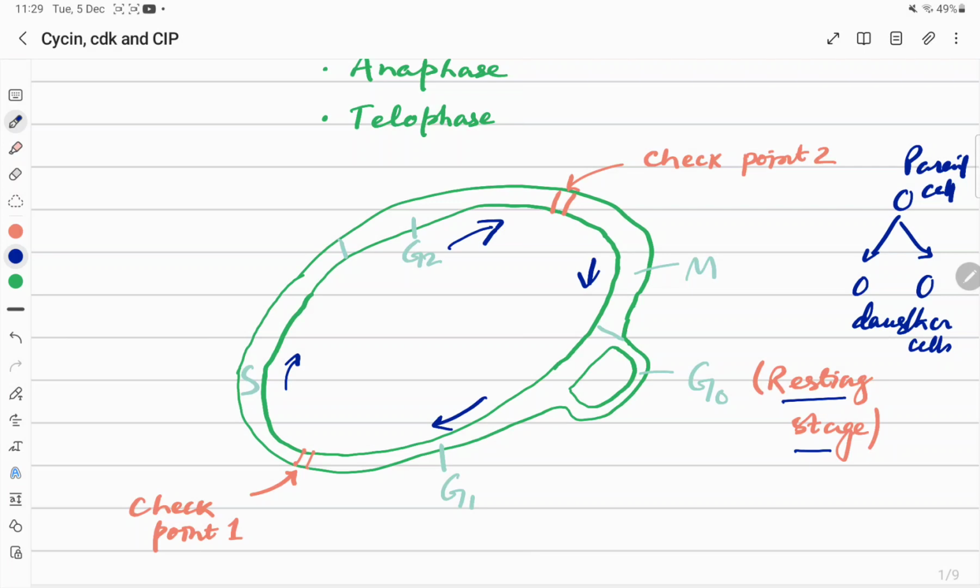The permanent cells like skeletal muscles and cardiac muscles are permanently arrested in this G0 resting stage. Before the DNA synthesis there is checkpoint 1, and before mitosis there is another checkpoint 2.